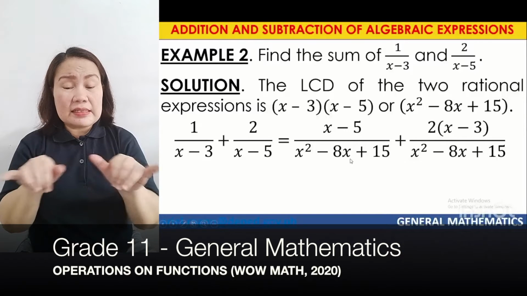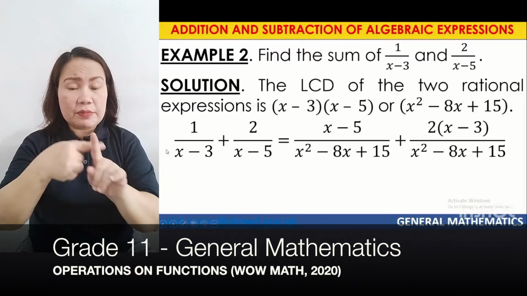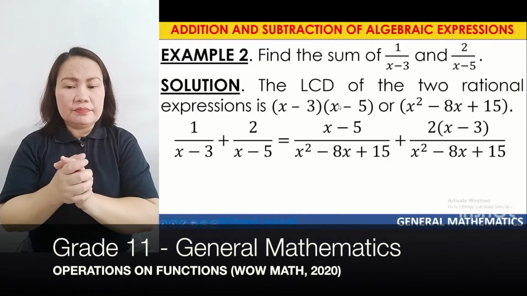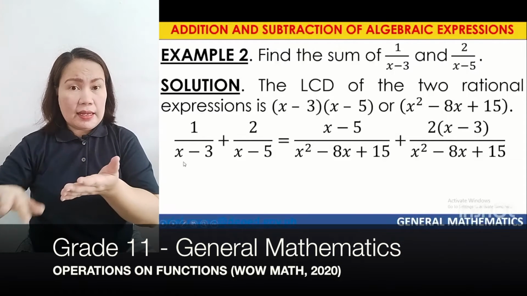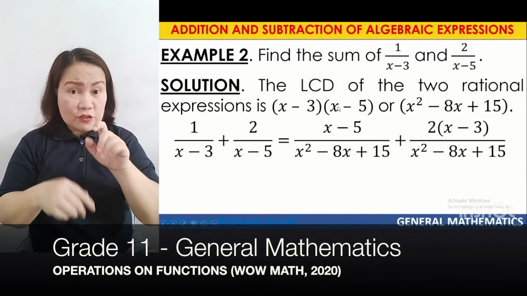X squared minus 8x plus 15 divided by x minus 3. So mawawala yung x minus 3. Ang matitira na lang dyan, x minus 5. So times natin sa 1.